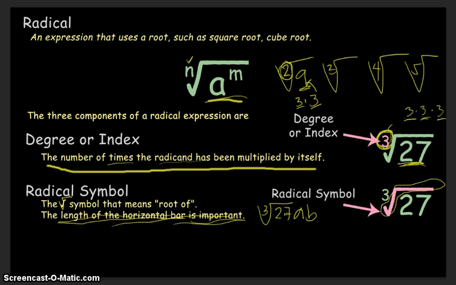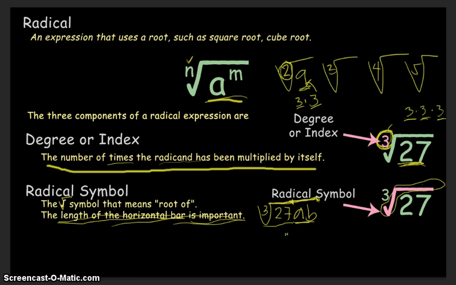Ibig sabihin, ang merong cube root lang ay yung 27 dito, kasi yung AB ay hindi kasama, kasi hanggang dito lang yung symbol natin. Okay? Pero kung kasama yan, dapat habaan mo siya hanggang dito. Yung napapayungan siya. Ibig sabihin, pag hindi siya napayungan ng horizontal line, hindi siya kasama sa radical sign.